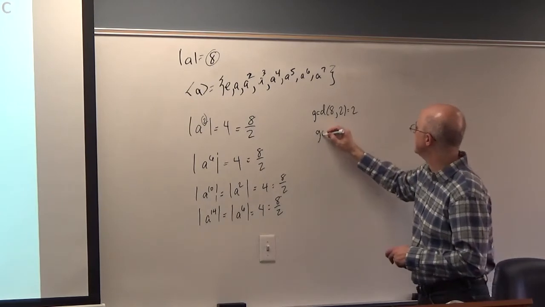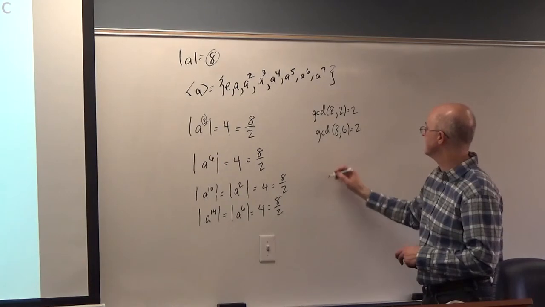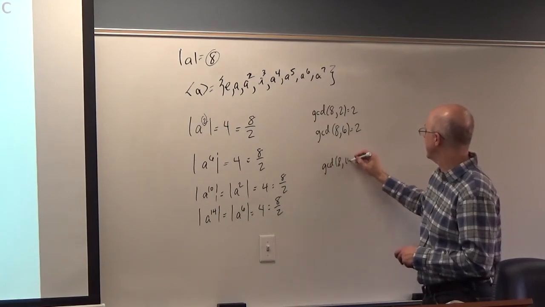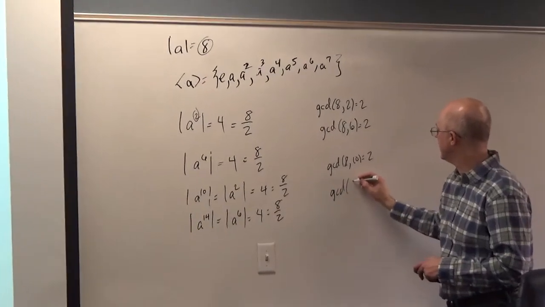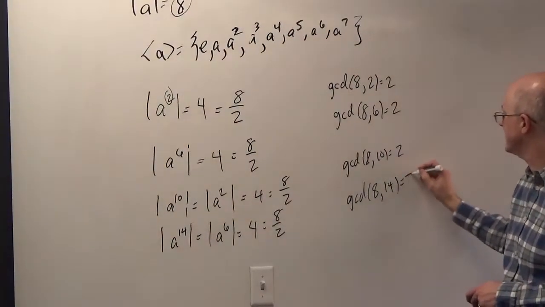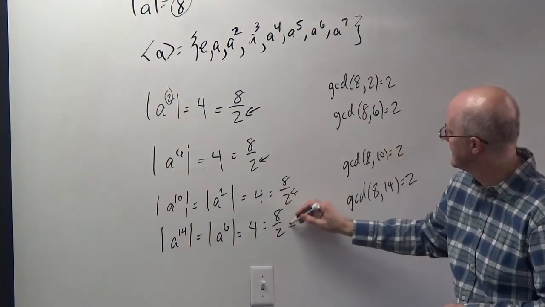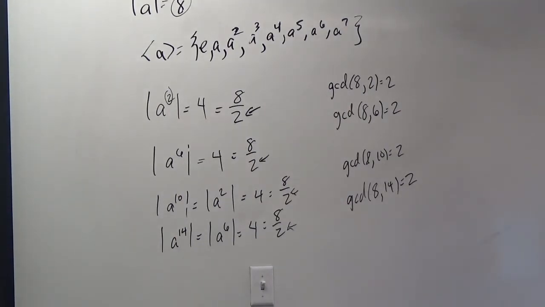The GCD of 8 and 6 is also 2. The GCD of 8 and 10 is also 2. The GCD of 8 and 14 is also 2. And 2 is the thing we keep dividing by in all these things. Maybe that's the thing you divide by in general. Let's test it out with another example.